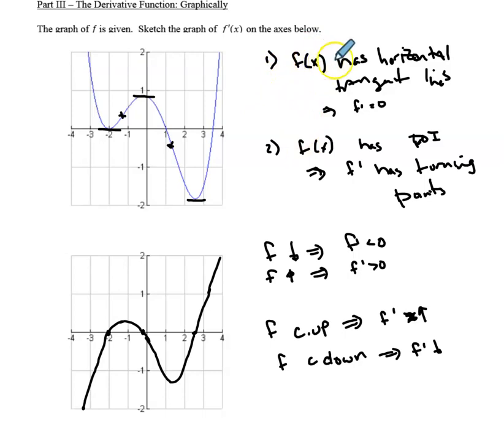Remember where f has horizontal tangent lines, that means its derivative equals 0. So where I drew in the horizontal tangent lines, see how I have x-intercepts at those points. Where f has points of inflection, have you noticed that that is where the derivative of f has turning points? That is something key to remember. f has points of inflection, f prime has turning points.